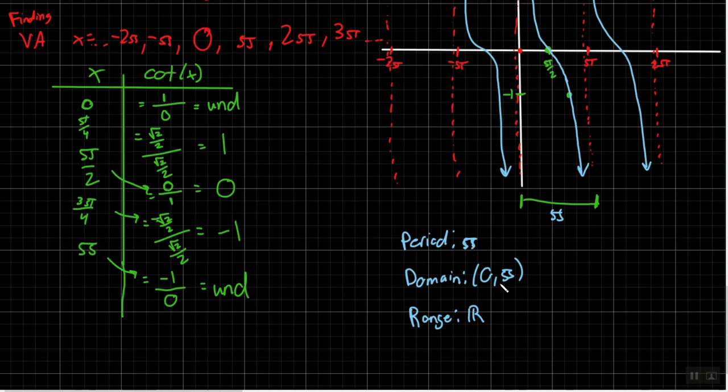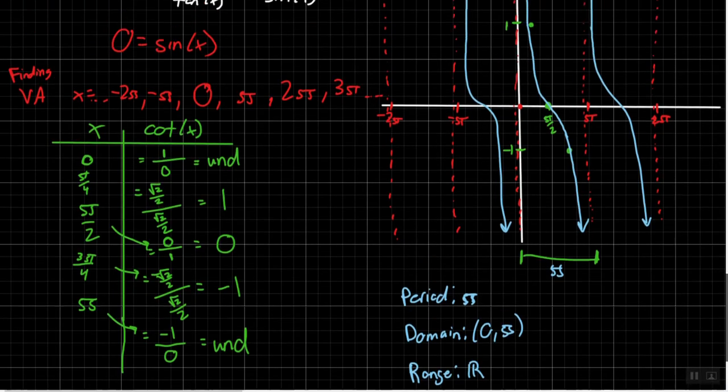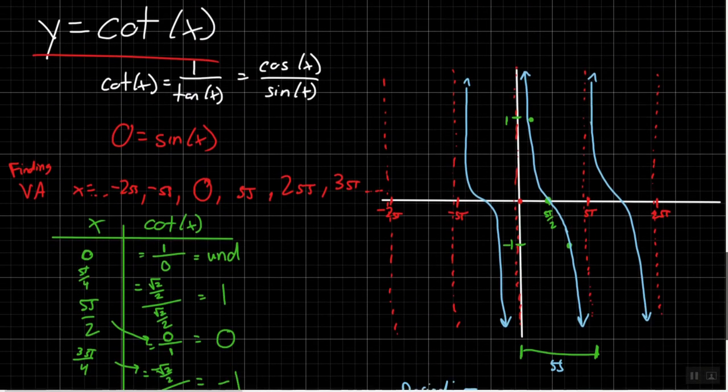Domain is 0 to pi. So, 0 comma pi. Yeah. Okay, that is cotangent. We're almost done. Any questions about cotangent?